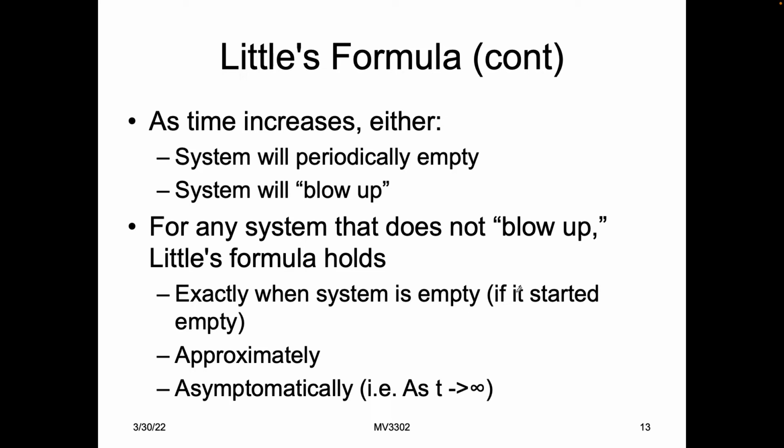So here's the thing about how these systems work, especially ones that we run on the computer. As you run it longer and longer, the system will either periodically empty out or it will blow up. Those are the only two possibilities. It will either sometimes empty out, in other words, have nobody in it, or it's going to blow up, meaning the number in the system is going to keep increasing forever.